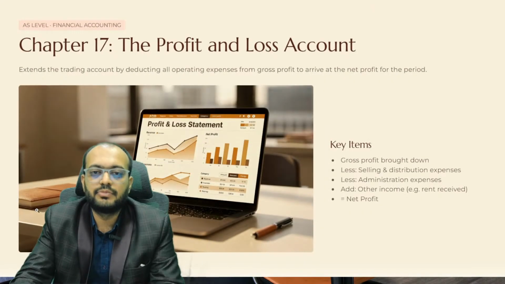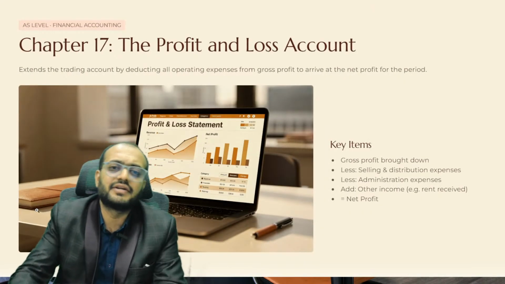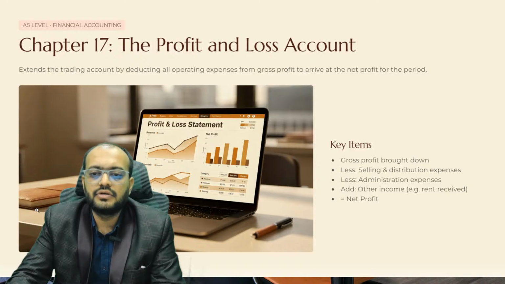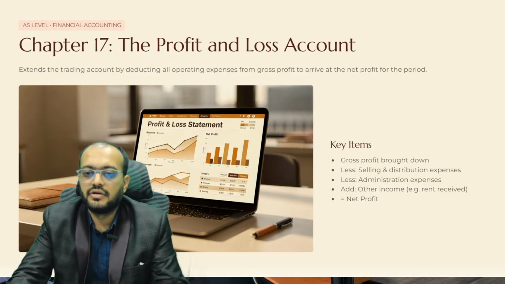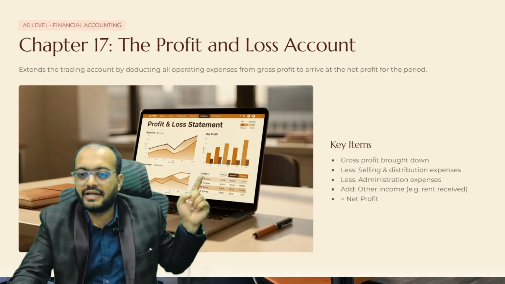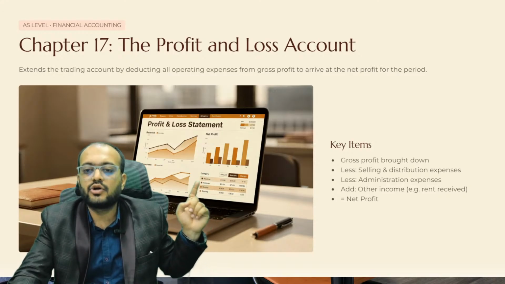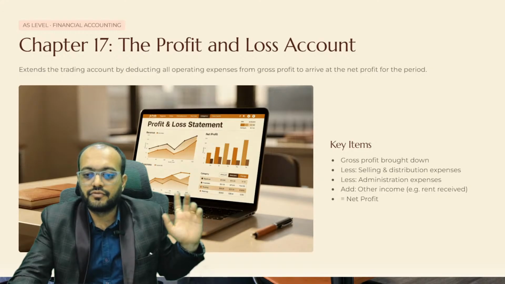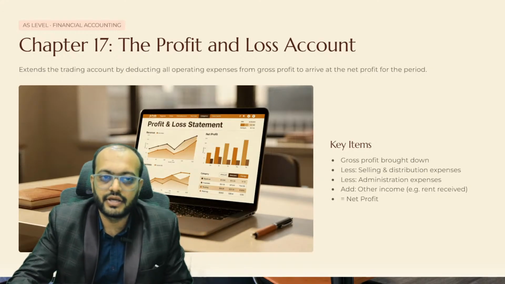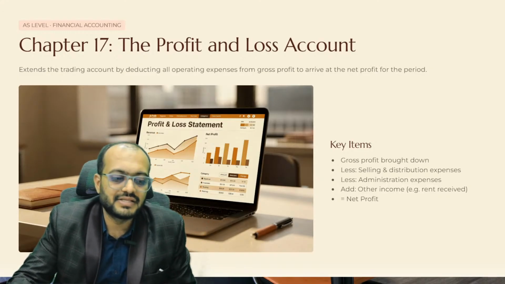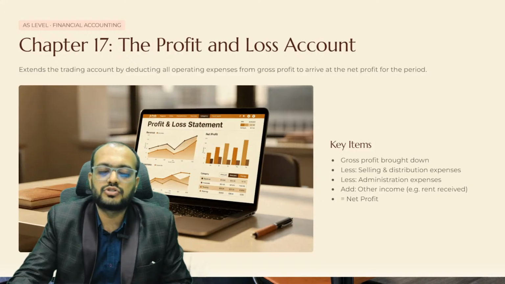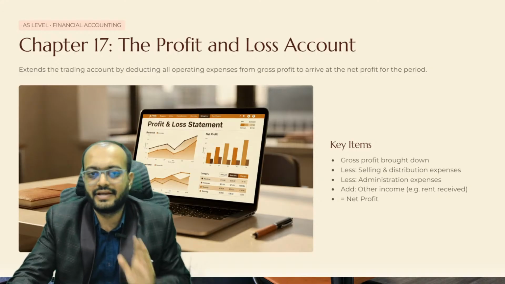The next chapter is related to profit and loss account, which is the next part after the trading account. After the trading account, the profit and loss account is prepared, where from gross profit we deduct selling and distribution expenses and administrative expenses, and we add any other income. So finally we will get the net profit. Ideally, from sales revenue, if we deduct cost of sales, or cost of goods sold, we get the gross profit.